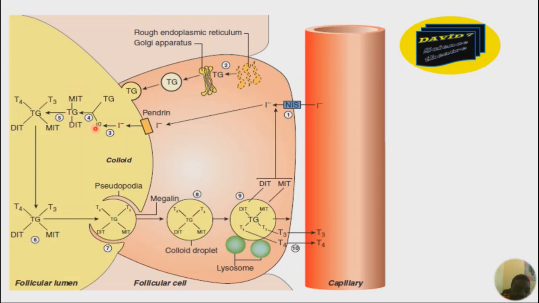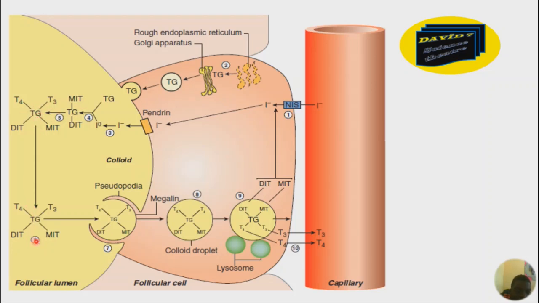After attaching iodine to thyroglobulin, we have a process called coupling, where you can have MIT combined with a DIT to form T3, triiodothyronine, or DIT combined with a DIT to form tetraiodothyronine. That is coupling, step 5.